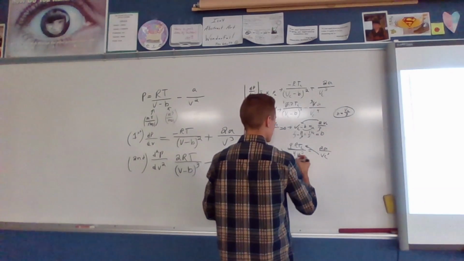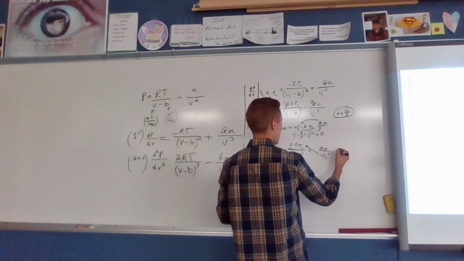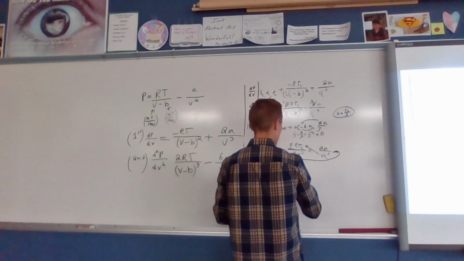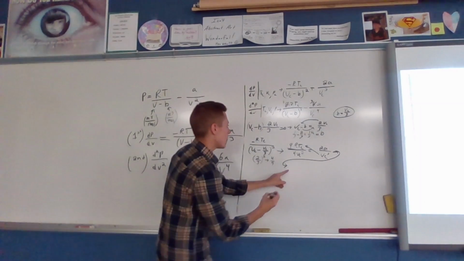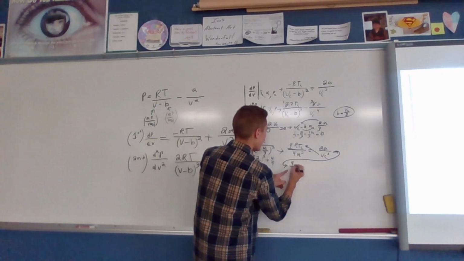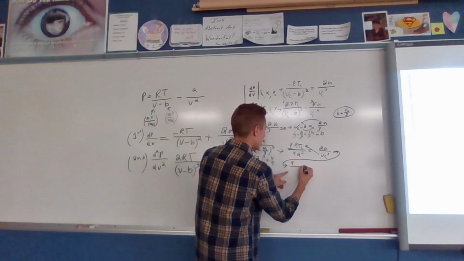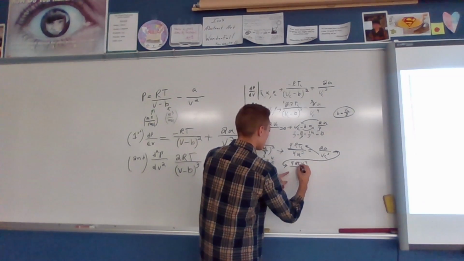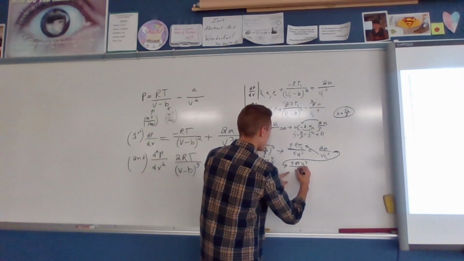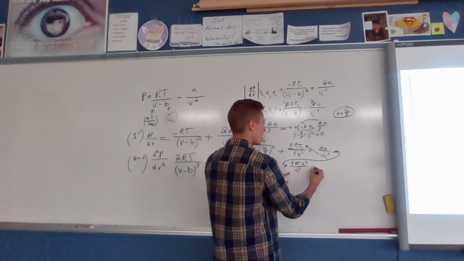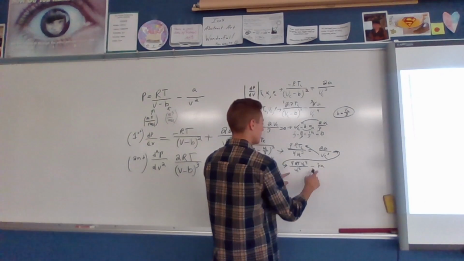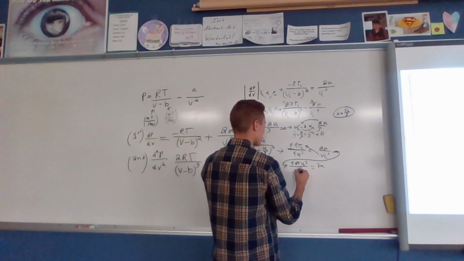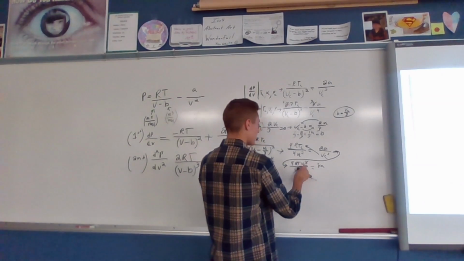So this goes to 9 over R T VC cubed over VC squared equals 8A. Now this cancels out, goes down to a 1.